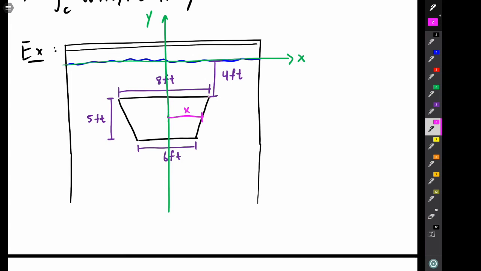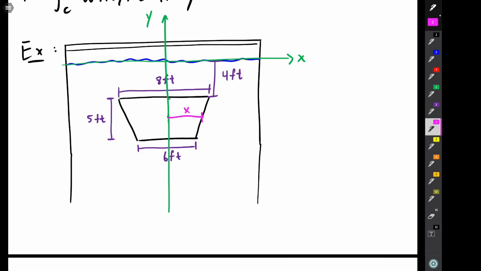And since this is a symmetric trapezoid, if we find the force on this part, we just double it and we get it on both sides, which is quite convenient. That'll help us find the length function.